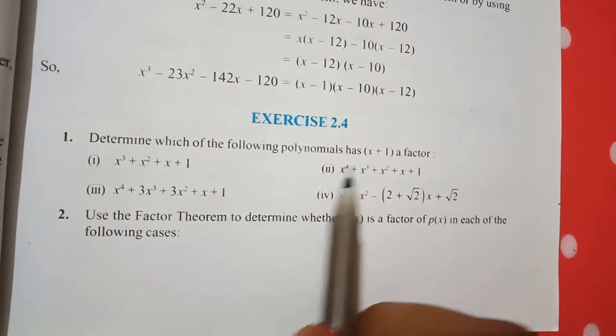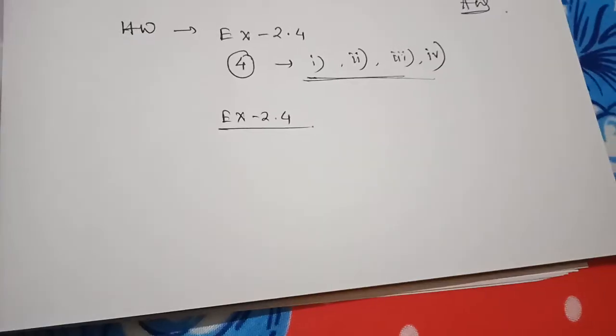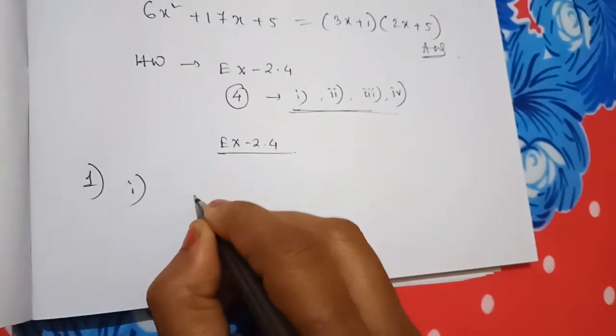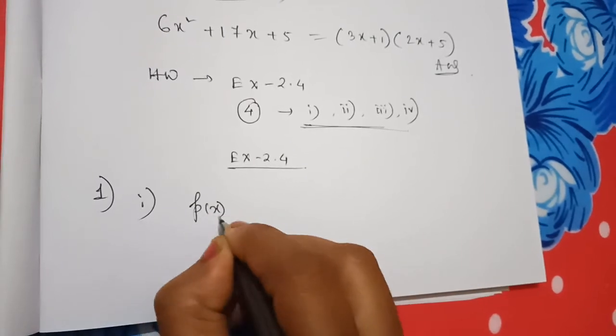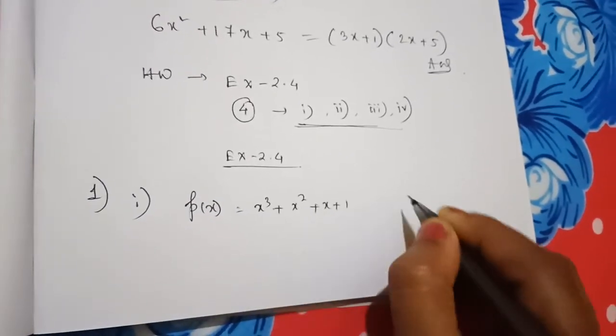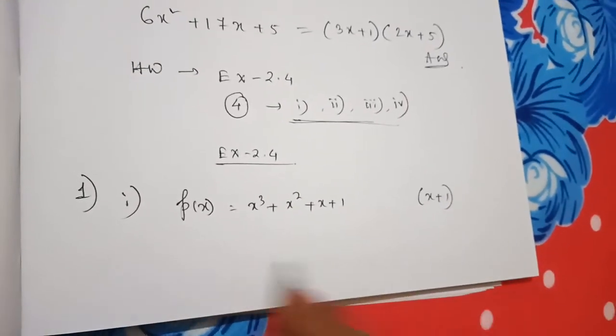Is it a factor or not? How will we check? So look at the process carefully. I am doing question number 1, part 1. Here p of x is x cube plus x square plus x plus 1. We need to check whether x plus 1 is a factor or not.